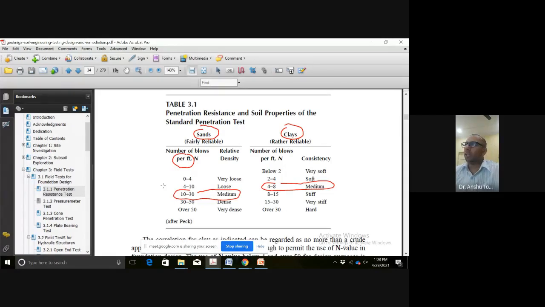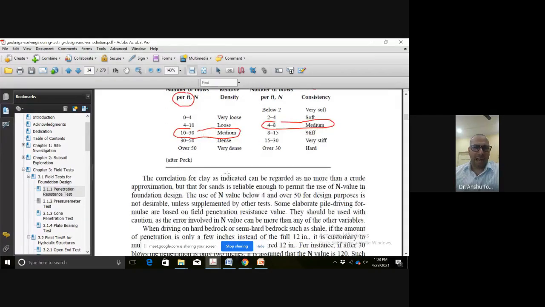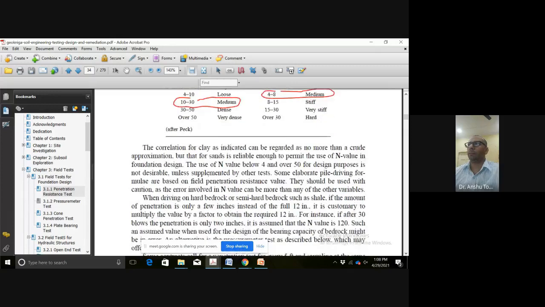That means in clay it is easy for the split spoon sampler to reach 12 inches. However, the value which we are getting is more reliable in the case of clay because we get the actual behavior.